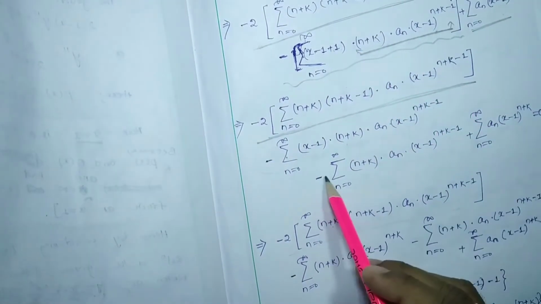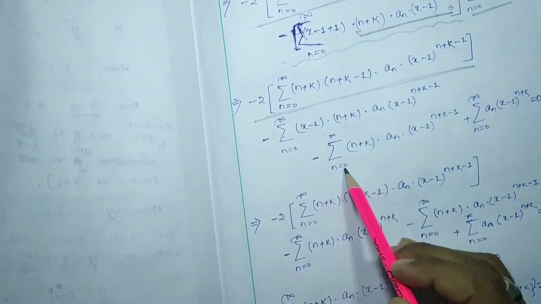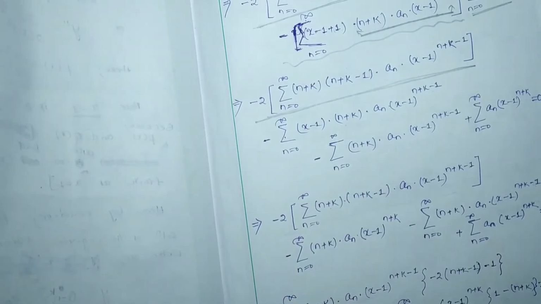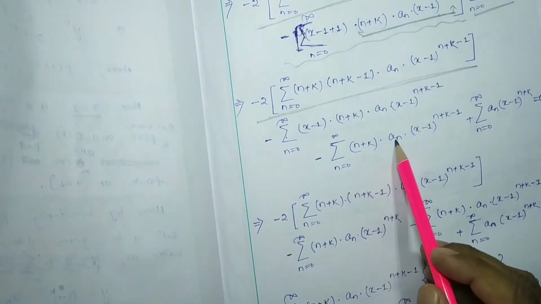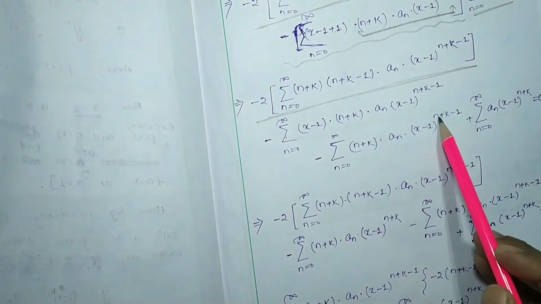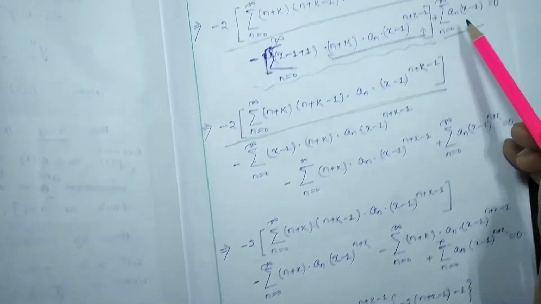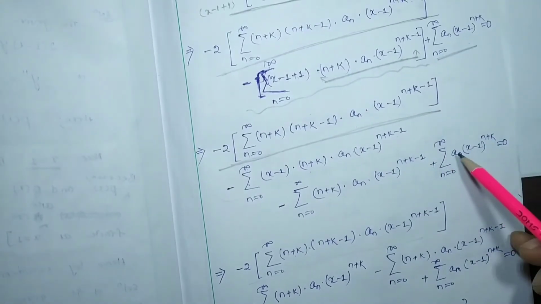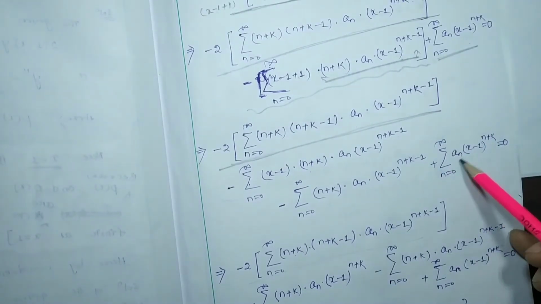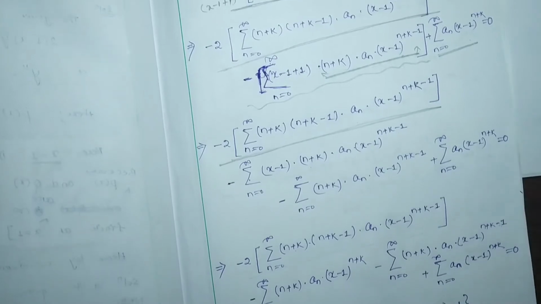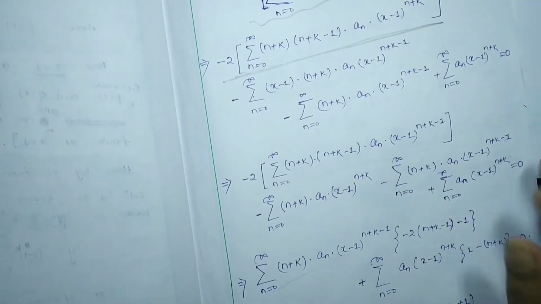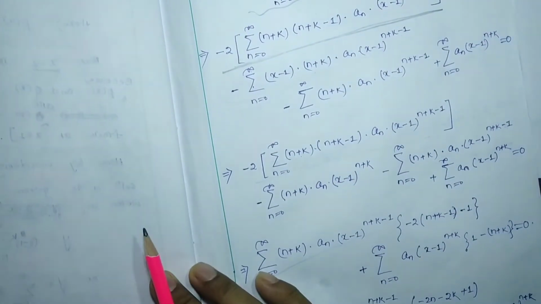So it will be minus summation over n equal to 0 to infinity n plus k into a n into x minus 1 to the power n plus k minus 1, and the last term has been written without any change: summation 0 to infinity a n x minus 1 to the n plus k equal to 0. Okay, now come to the next step.